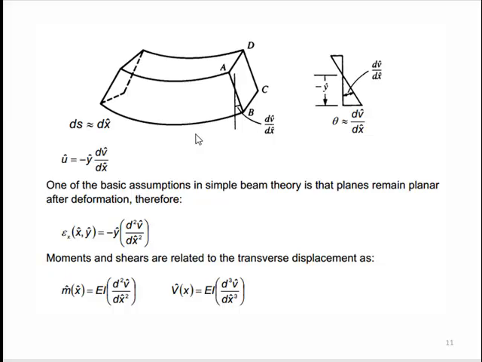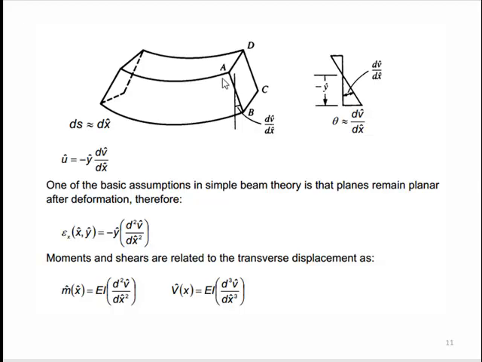Similarly, we know that the section would be perpendicular to that tangent. If the slope of the tangent with respect to the x-axis is dv by dx, then the slope of this section with respect to the y-axis would be dv by dx.